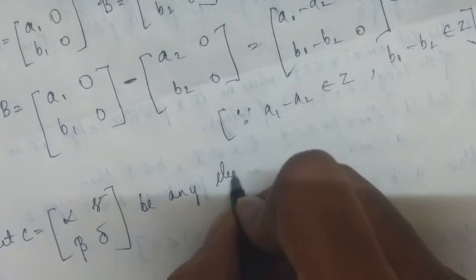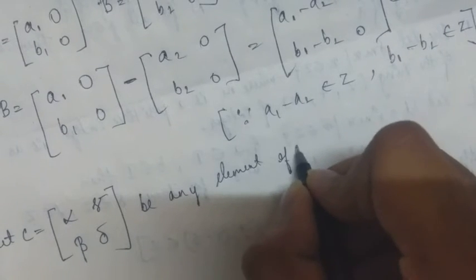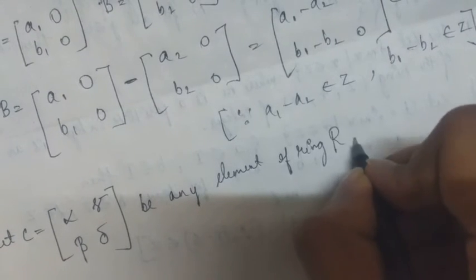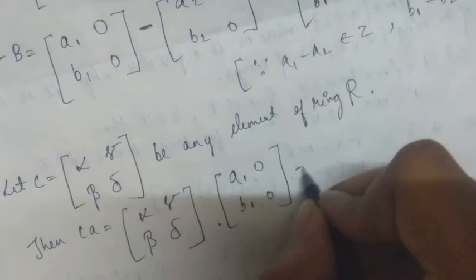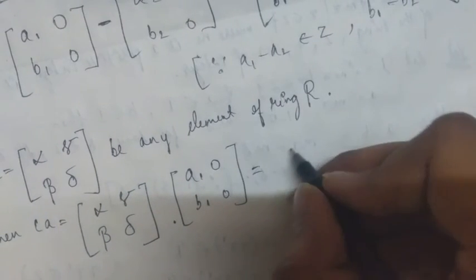Again, let C be, as we have taken A B C D, so we are taking alpha, beta, gamma, any element of the ring R. Then if we apply the left ideal condition, we get C equal to alpha beta gamma times A1 B1 0 0. We are now multiplying it.